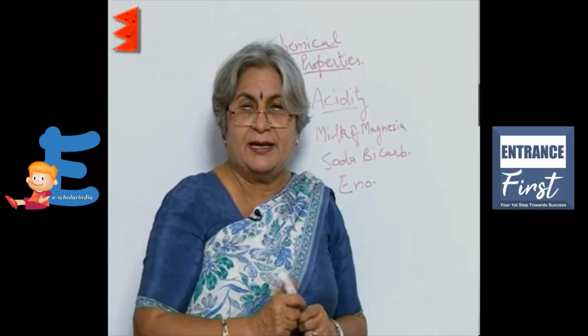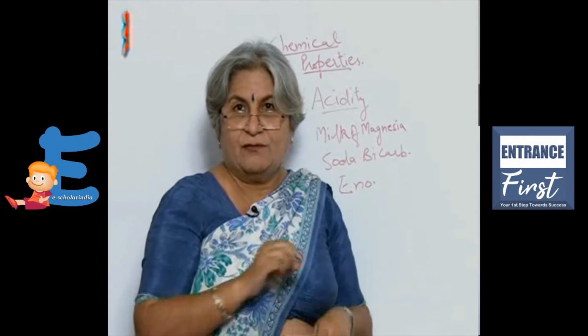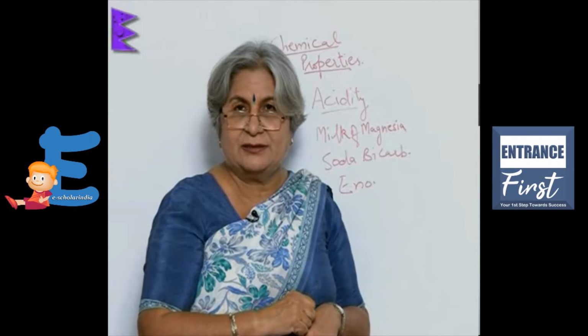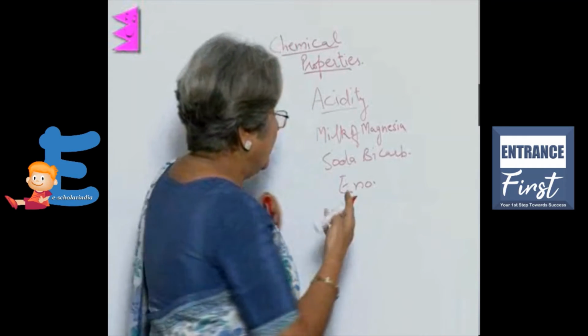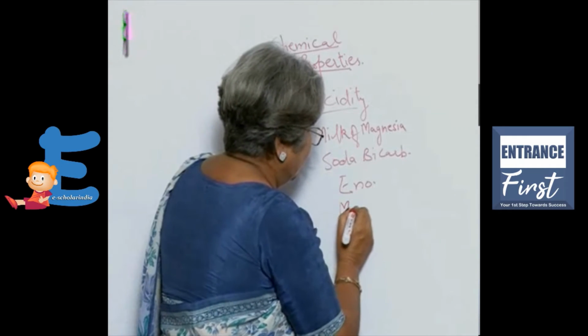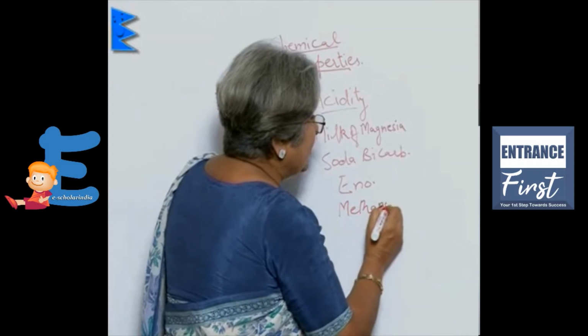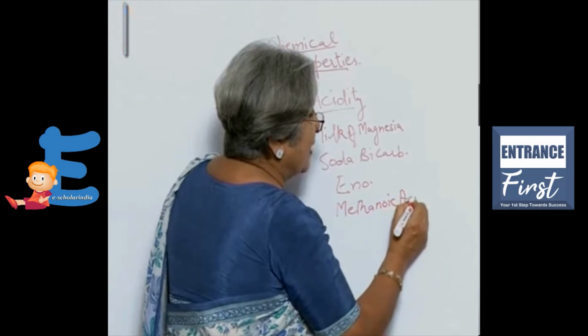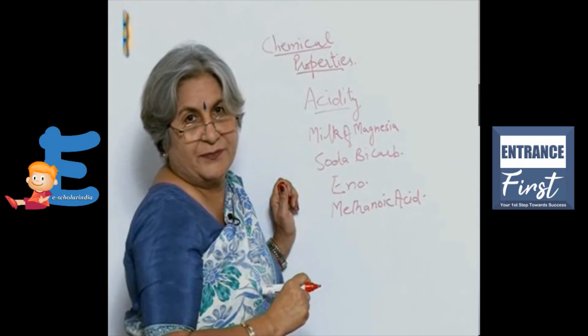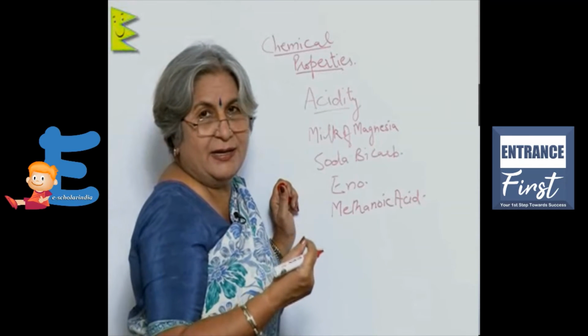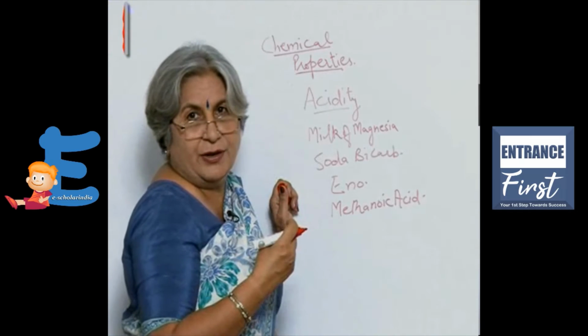Similarly, if a honey bee stings you, why do we get that burning sensation? Pain, because it has released an acid called methanoic acid. And in that case also, it is advisable that some kind of base is rubbed on it. And as a result, immediately you will be cured.